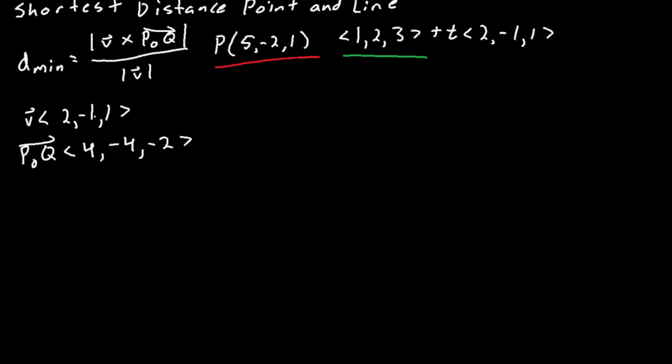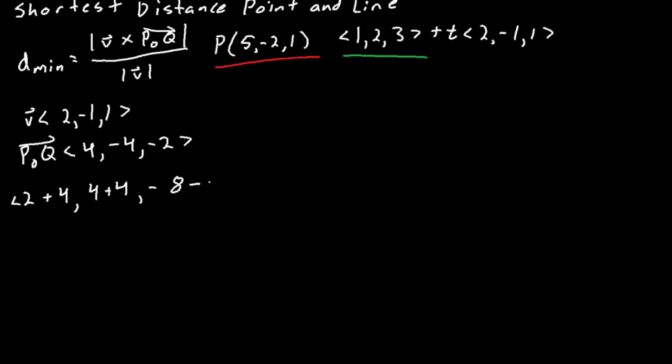The cross product would be 2 plus 4, 4 plus 4, and the last one, -8, is it minus?